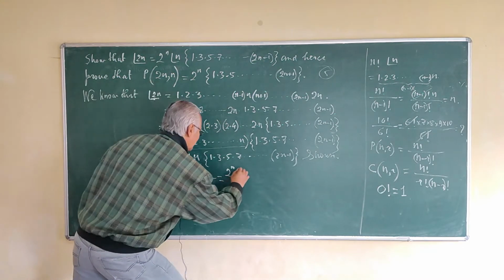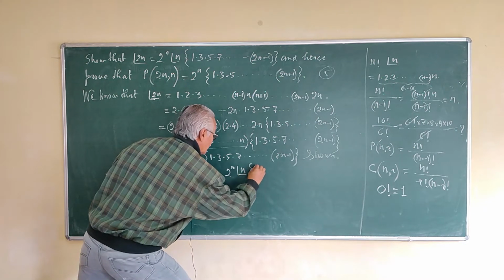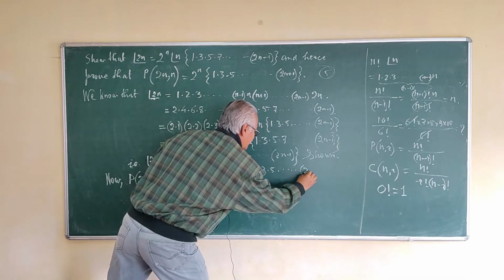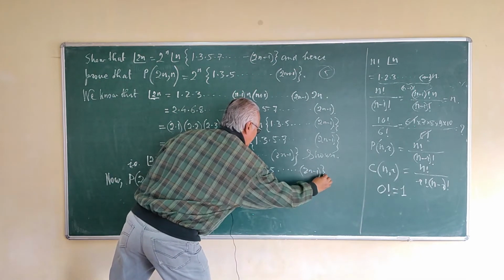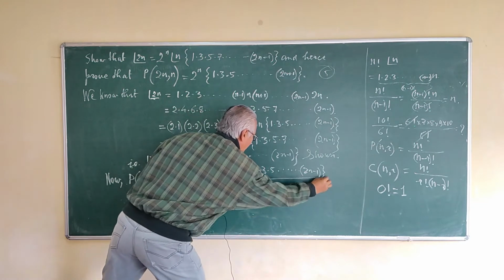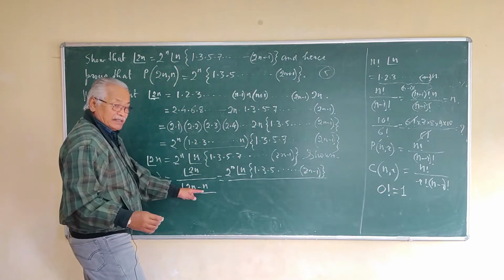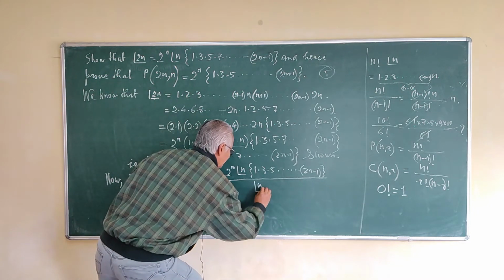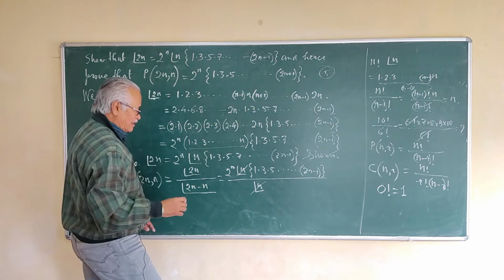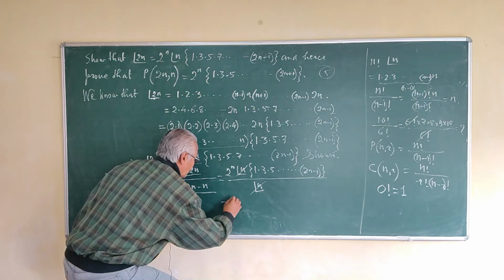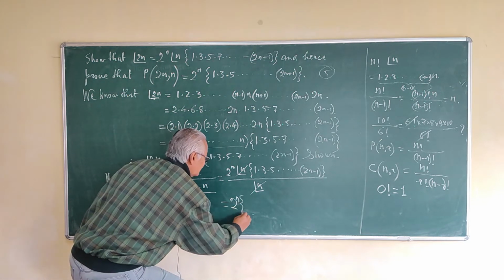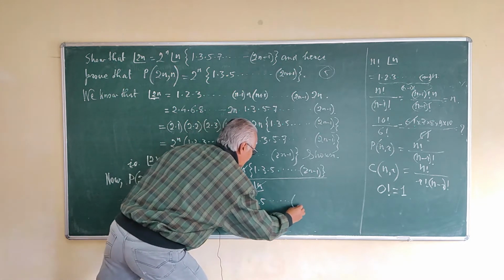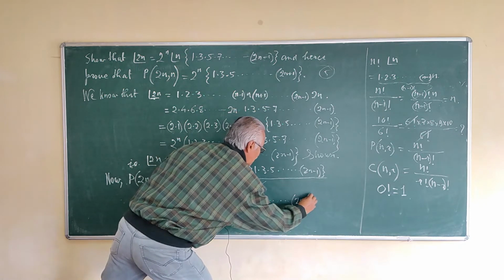This is 2 to the power n, n factorial, 1, 3, 5 till it reaches twice n minus 1, divided by twice n minus n, which is n factorial. So these two n factorials are cancelling away, so you are left with 2 to the power n, then 1 into 3 into 5, till you reach twice n minus 1.